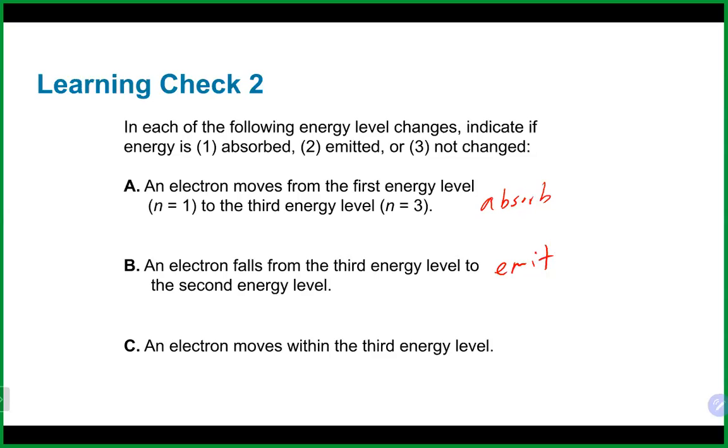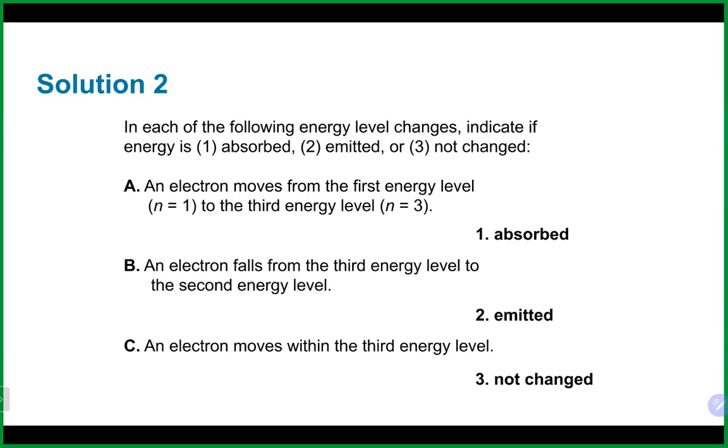An electron moves within the same energy level. No change, because it hasn't really transitioned. If it transitions, it will definitely gain or lose enough energy to make the transition. So just moving around the same energy level will not result in any type of absorption or emission.